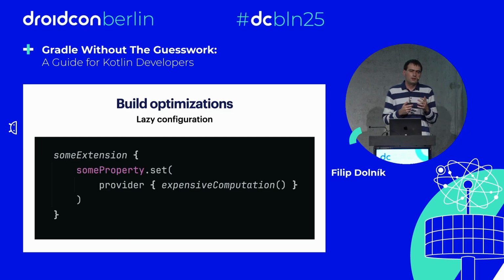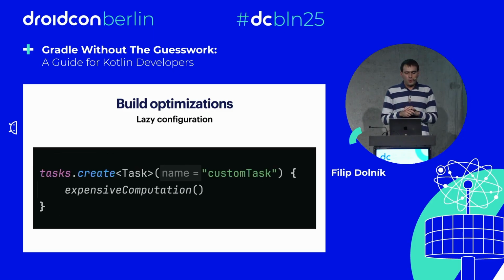The new API adds a second version of this function that accepts the provider. And this is why I call this the most intrusive feature, because now many Gradle APIs have these dual versions. One of them is eager, one of them is lazy. In our case, we store the value in the provider, and this function will get called only if someone requests the property.